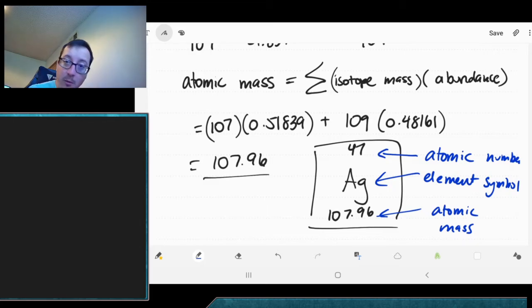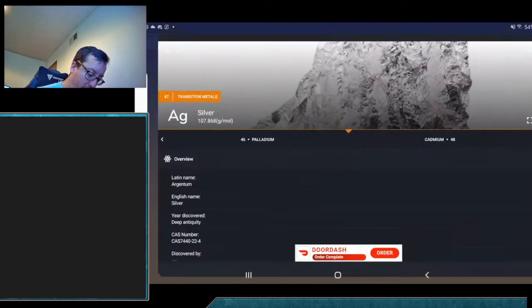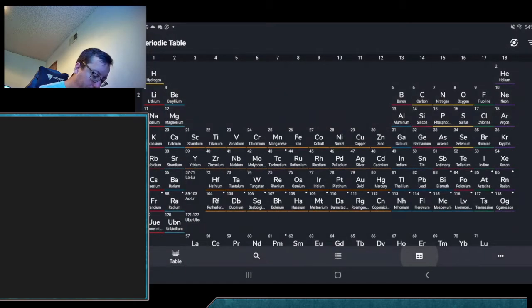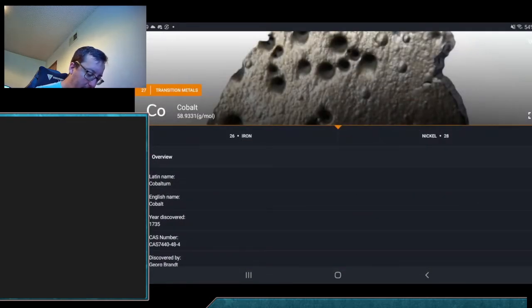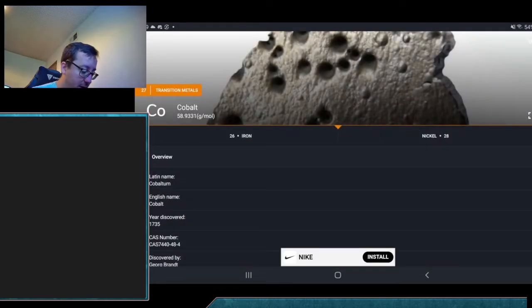If we remember, cobalt had just one isotope that was stable. 100% of cobalt in nature is cobalt-59. Let's go ahead and look at cobalt. Aha, it's 58.9331, and that's going to be the actual mass of cobalt-59.